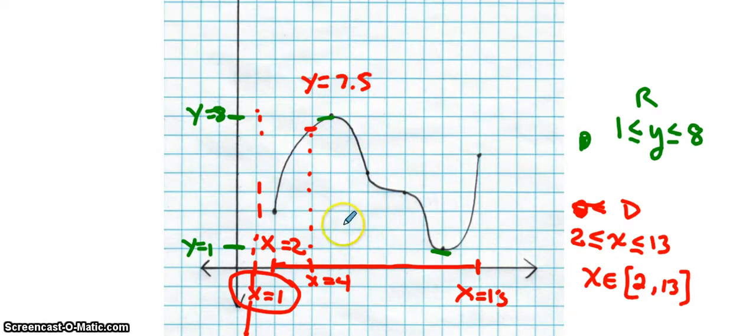I can also look at this graph and draw some conclusions about things like its maximum value, its minimum value, where is it increasing, right here and right here, where is it decreasing, here and here, where is it curved up, where is it curved down, and so forth. So once again, the graph is looking at the x and y value relationship, sort of like a table, or looking at the big picture and seeing what the graph is doing.